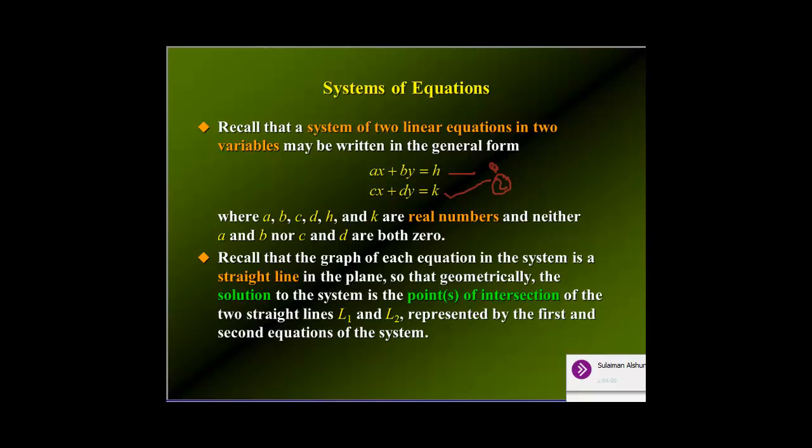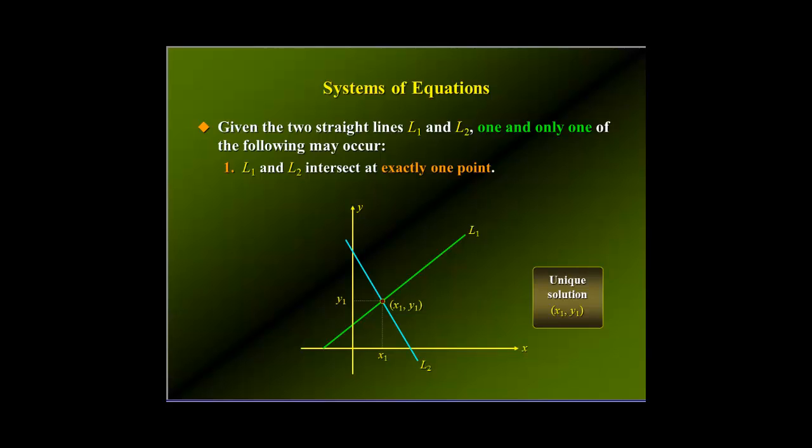And the point of intersection of the two straight lines L1, L2 is represented by the first and second equations. So all these things are written here that I told you. This is the theory. I told you that this is the unique solution.